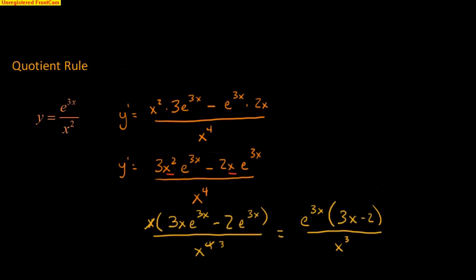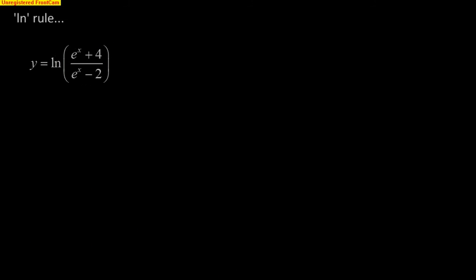Let's try one more here. We got one with natural logs. Remember a couple things here, that when you have the derivative of natural log of u, that's 1 over the inside times the derivative of the inside. So let's see if that comes into play here. First thing we probably want to do here is expand first.